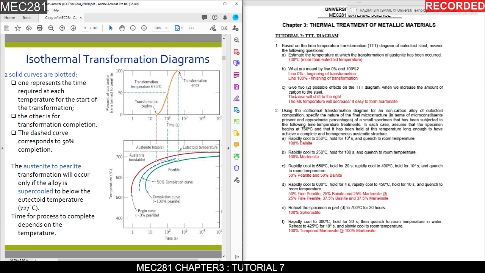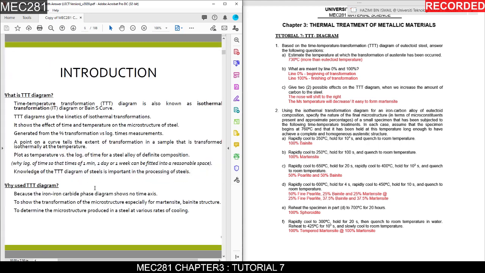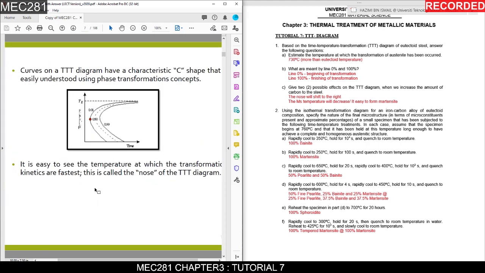So the answer is the nose will shift to the right. This one is the nose, the curve, and it will shift to the right when you increase the amount of carbon. Okay, so where is the answer in the notes?